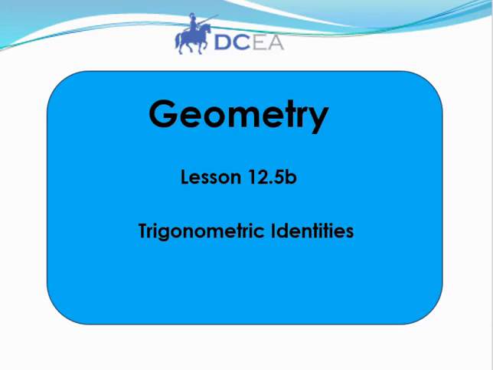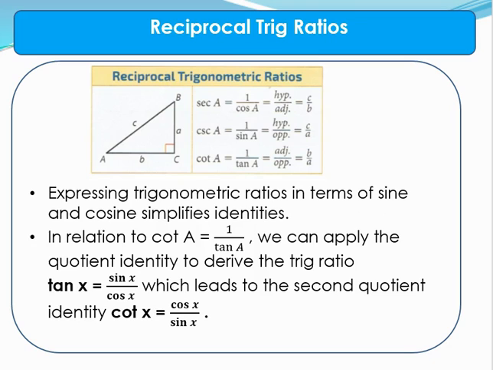Let's finish off lesson 12.5 by looking at a few more examples of trig identities. So here's where we stopped with our last slide, and we have the reciprocal trig identities.